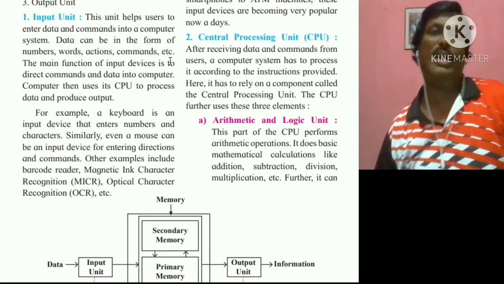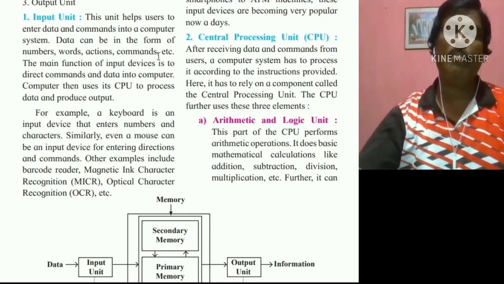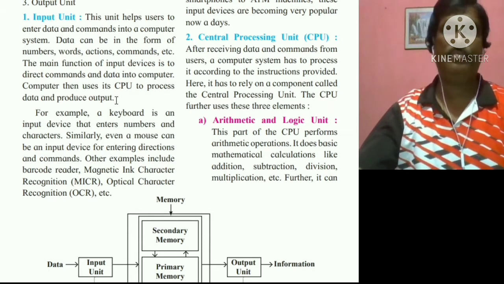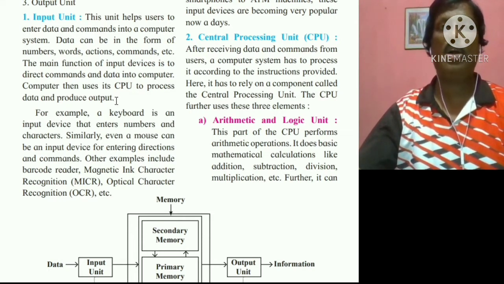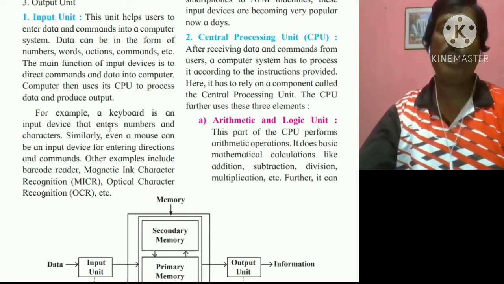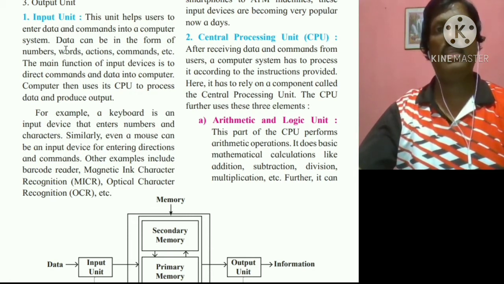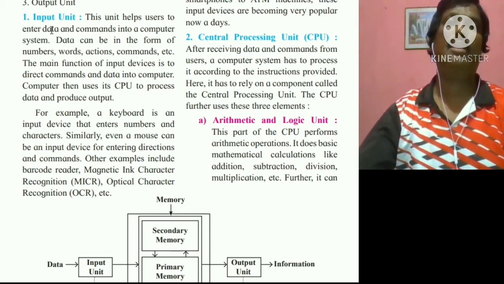Okay. And data is anything like number, word, action, commands, or apart from that also we can say that data is the image, audio, etc. Okay. So, here this input unit helps user to enter data and commands into a computer system.